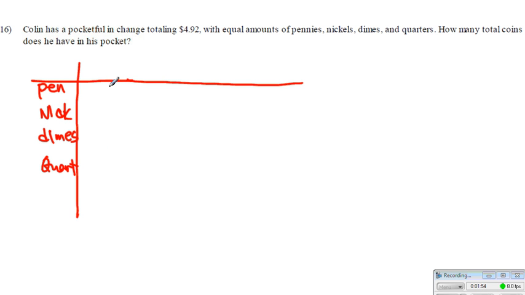They have equal amounts, so why don't we call that x for each one of them? But the values for each one is penny is 0.01, the nickel is 0.05, and then dime is 0.10, quarter is 0.25.